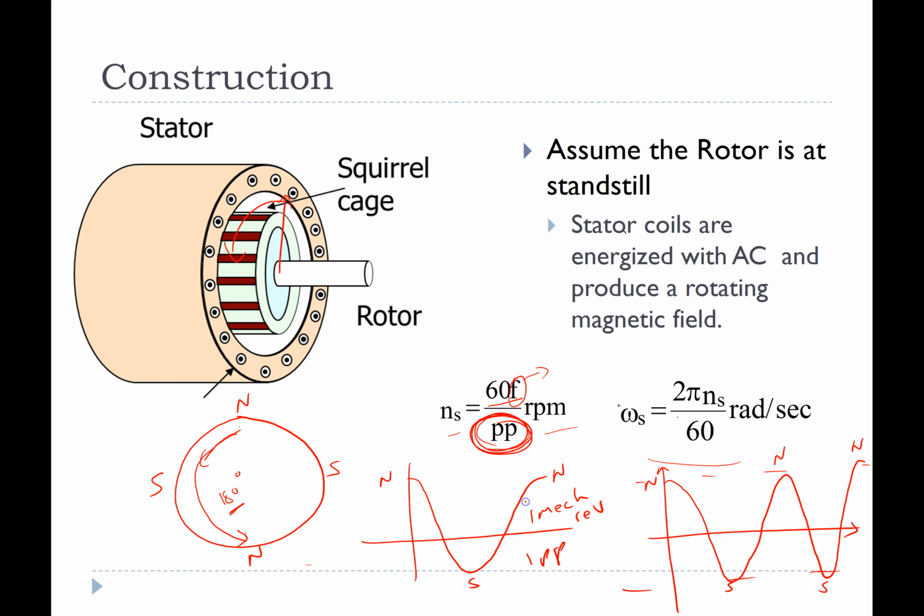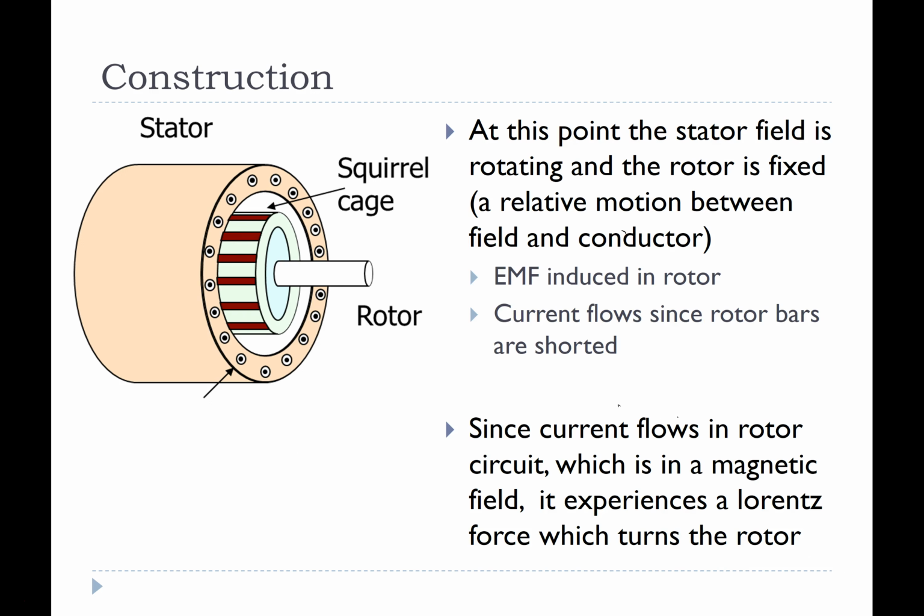Now, we said we just energize the stator and we end up with a rotating magnetic field, and that rotating magnetic field has a speed which is a function of the electrical frequency and the number of pole pairs. So once the stator field begins to rotate, the rotor is originally fixed, and there's now a relative motion between the rotating stator field and the conductors in the rotor.